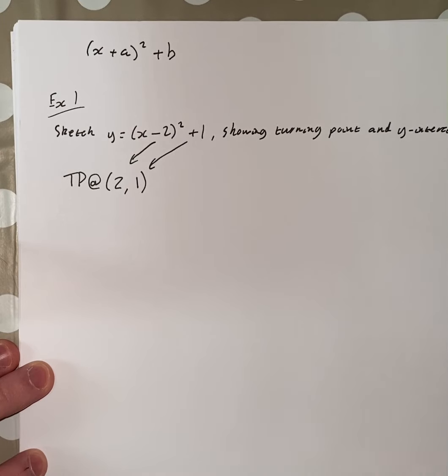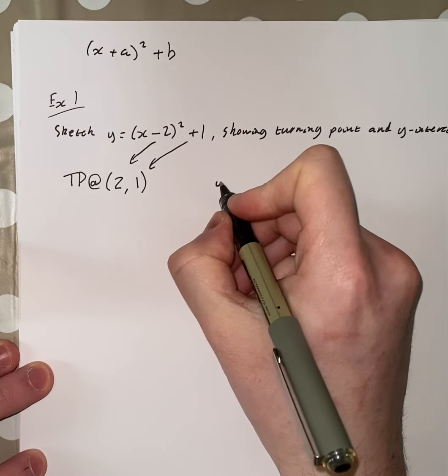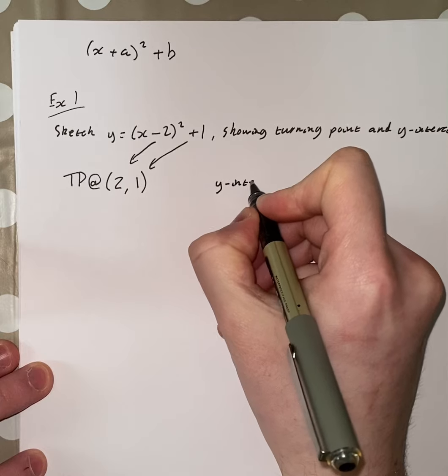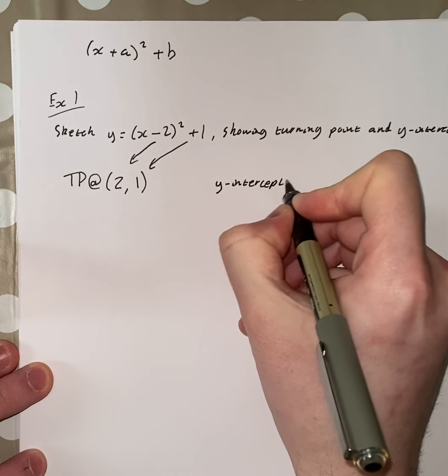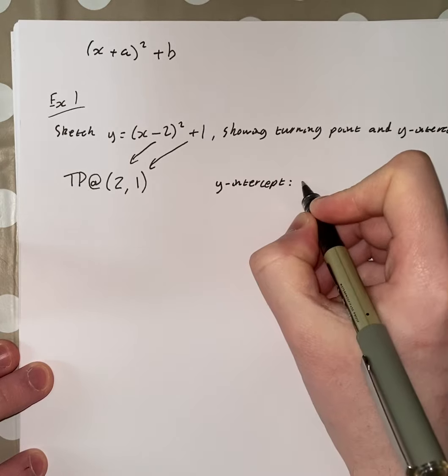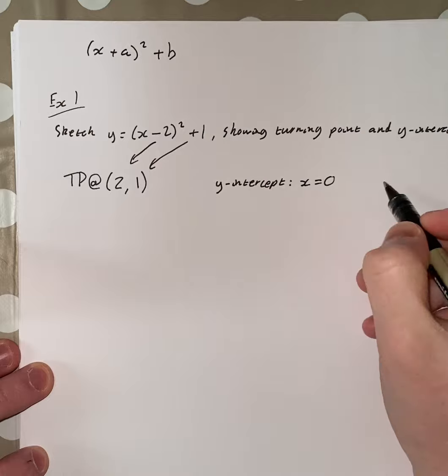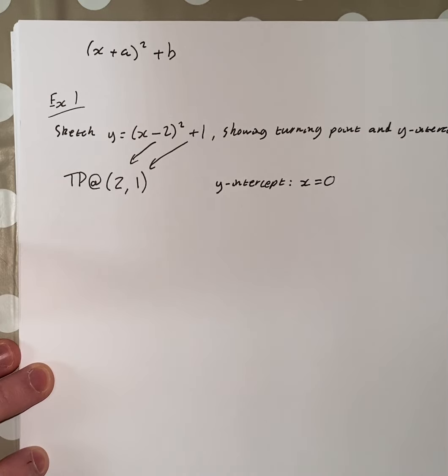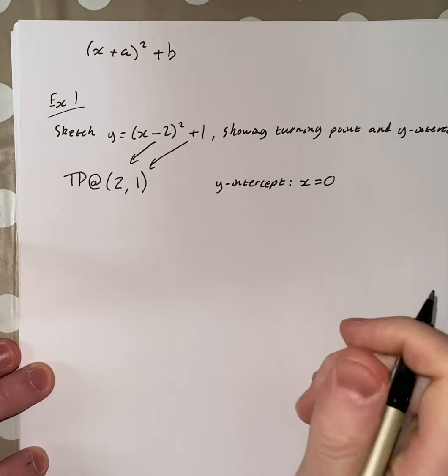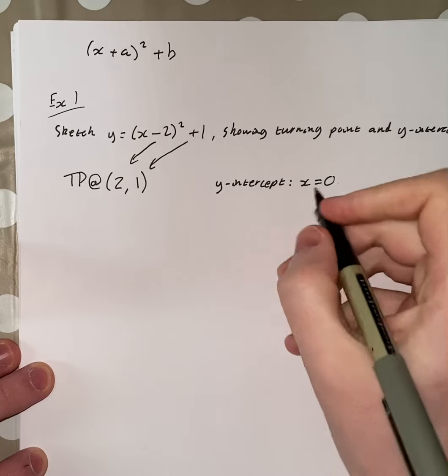Nice and simple. What we now have to consider for our y-intercept is that at the y-intercept, x is going to be 0, because this is the point where it cuts through the y-axis. Right on that y-axis x is going to be 0 because we haven't moved left or right at all.